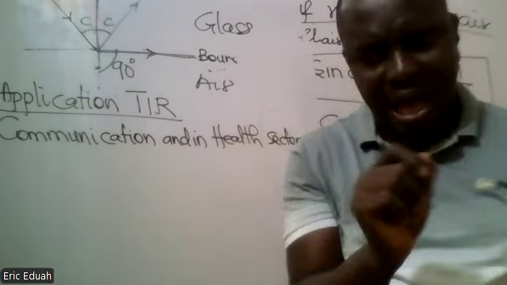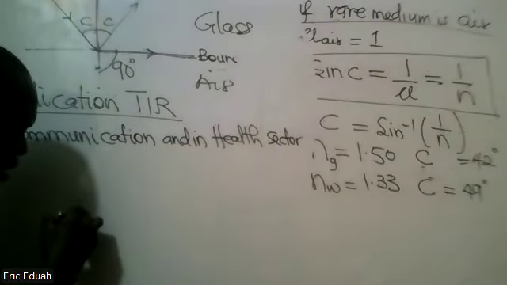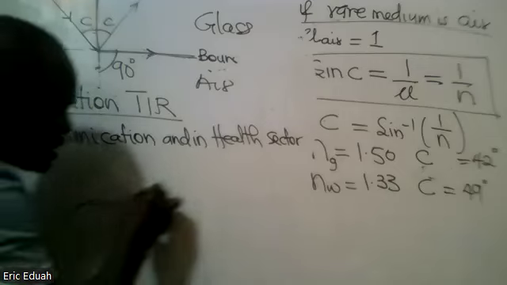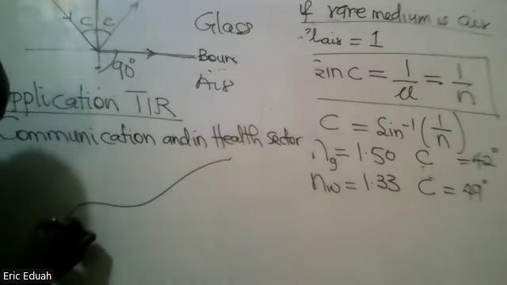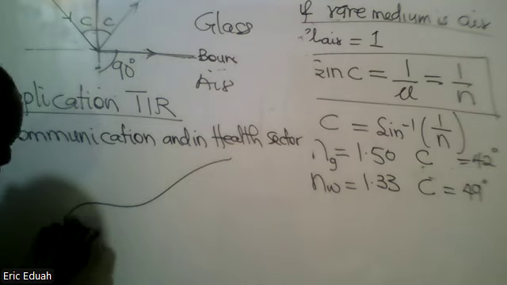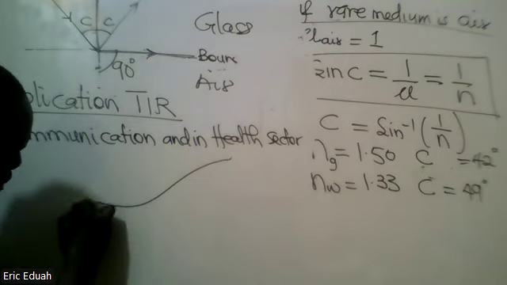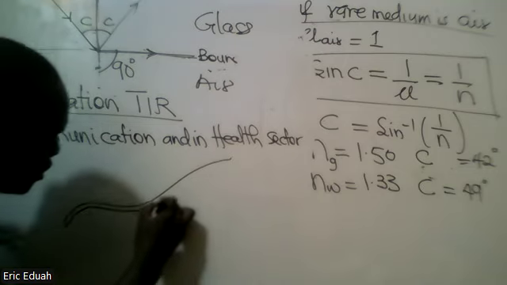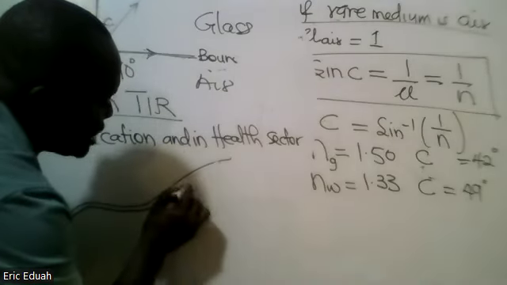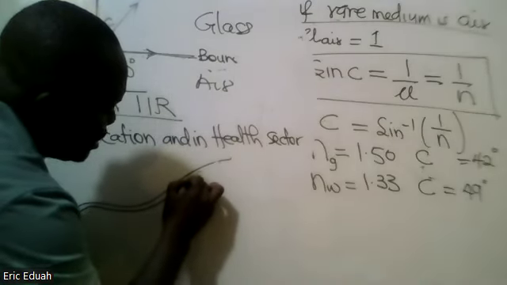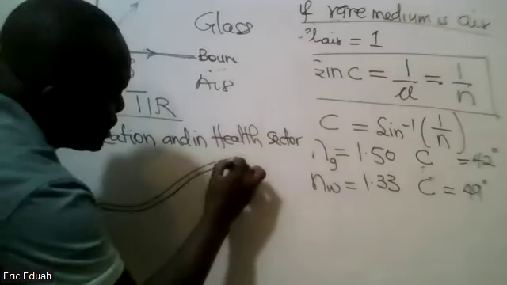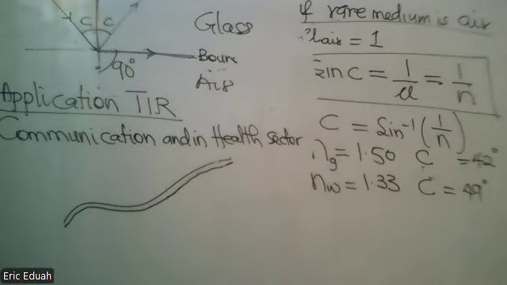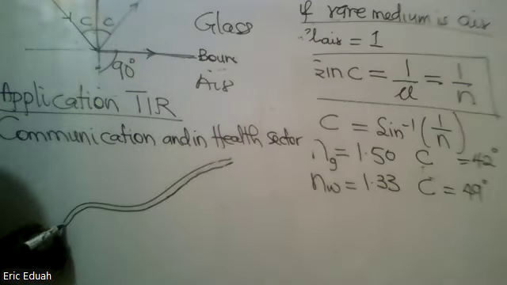It's like a wire, but this glass tube is used in place of the copper wire for channeling information from one point to another.